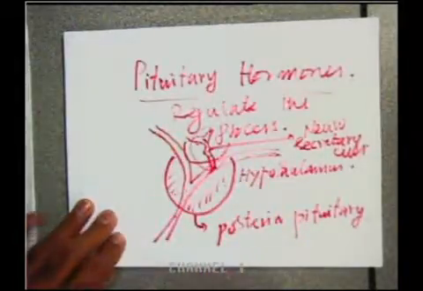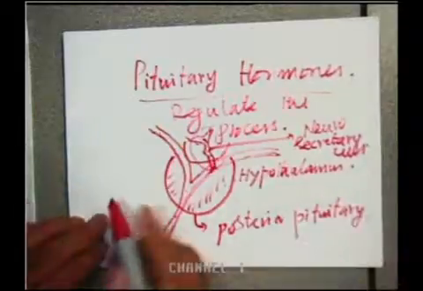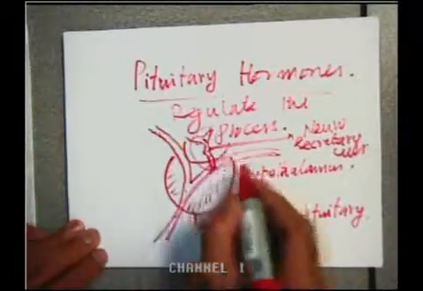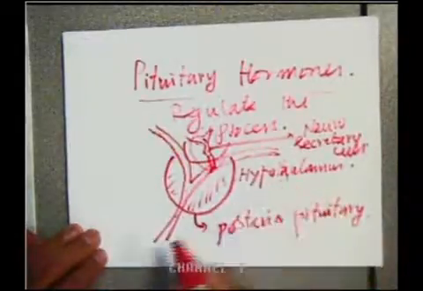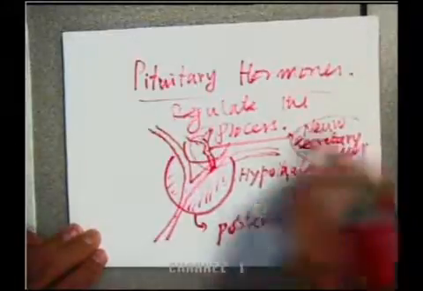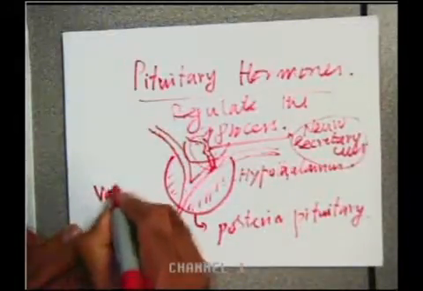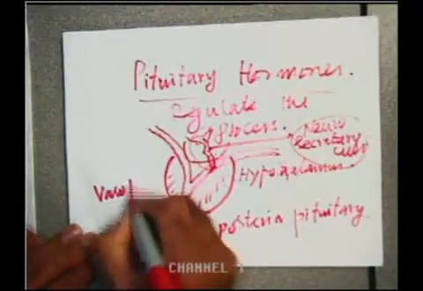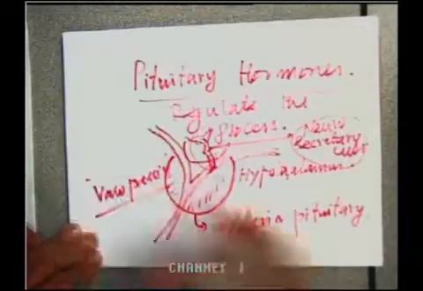Okay. So what is the hormone here? The hormone from the pituitary gland, secreted by neurosecretory cells present in the hypothalamus, is vasopressin. I'll write it on the next page.